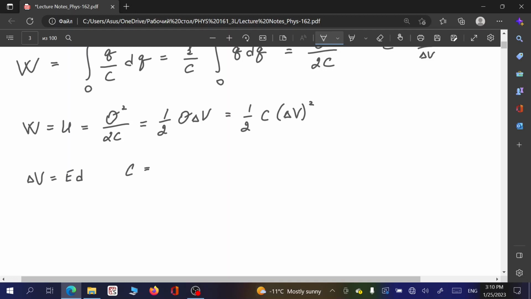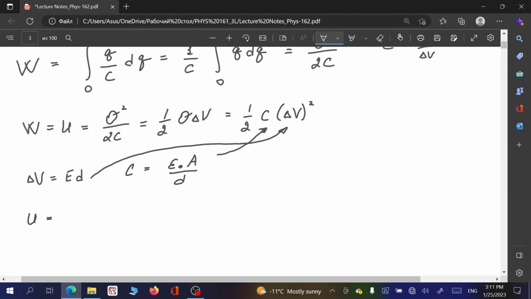Then capacitance is given as epsilon naught times area divided by distance. So now we can substitute this in the last equation here. And for potential energy accumulated in a parallel plate capacitor, we will have the following.